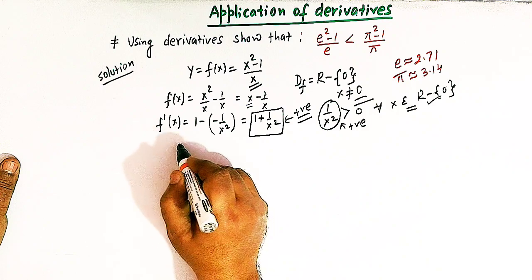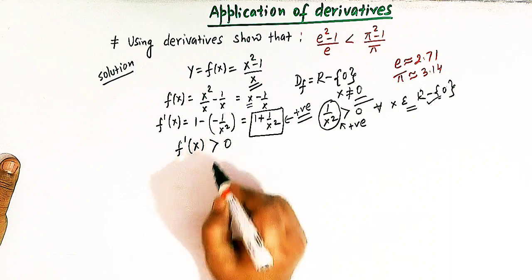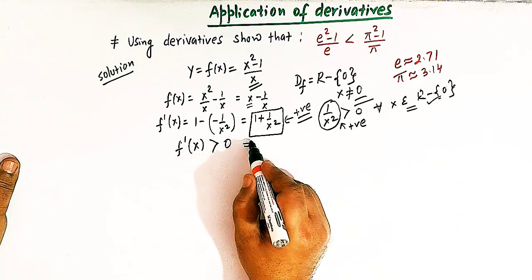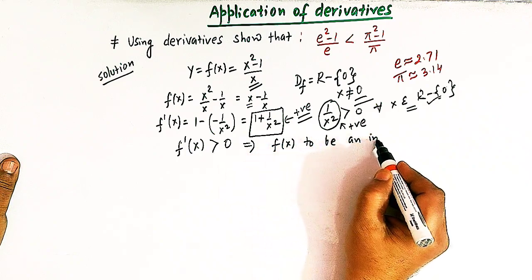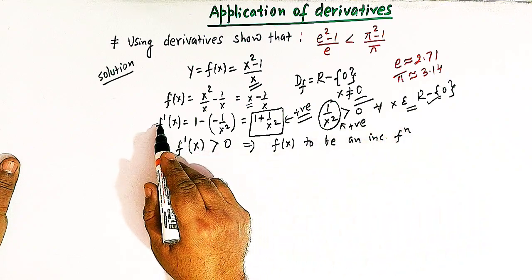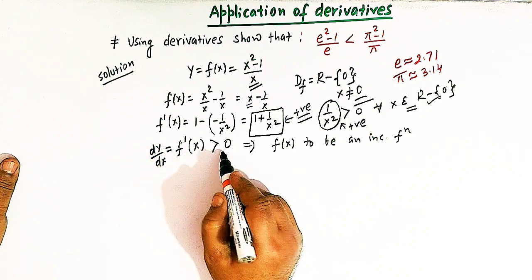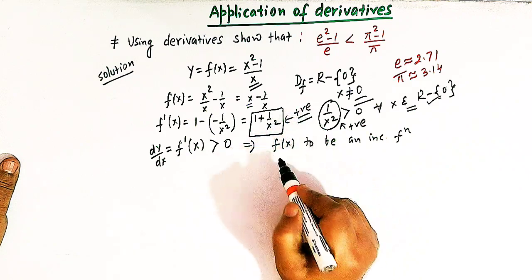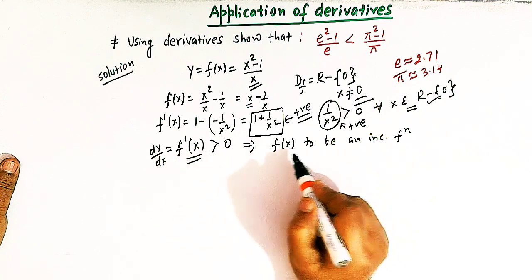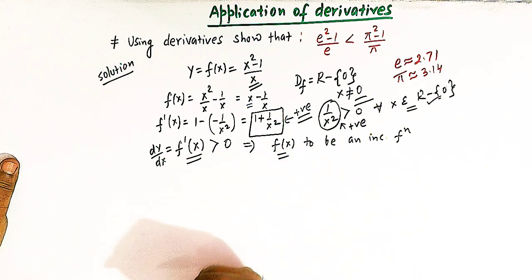So the derivative f prime of x is always greater than 0, and this is the condition for f of x to be an increasing function. Because f prime of x, which is dy over dx, is greater than 0, f of x is a strictly increasing function.